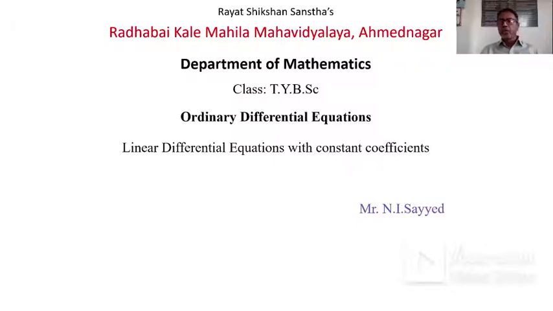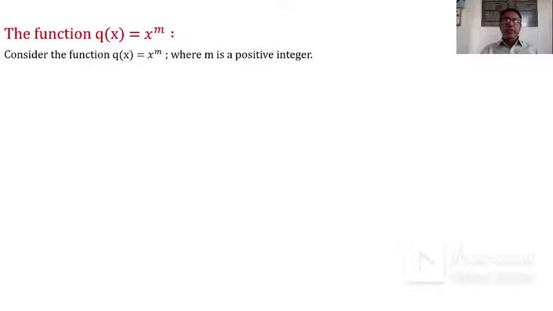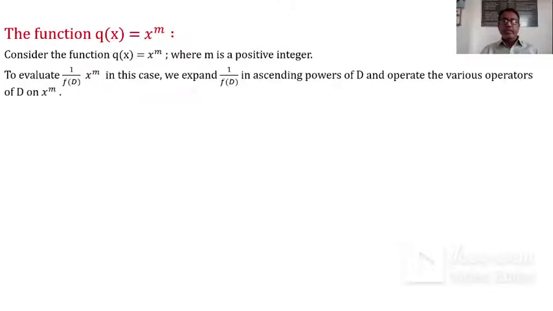If q of x is of the type x to the power m, where m is a positive integer, meaning m is a natural number, then when we operate 1 upon f of D on x to the power m, we expand 1 upon f of D in ascending powers of D and operate the various operators of D on x to the power m.